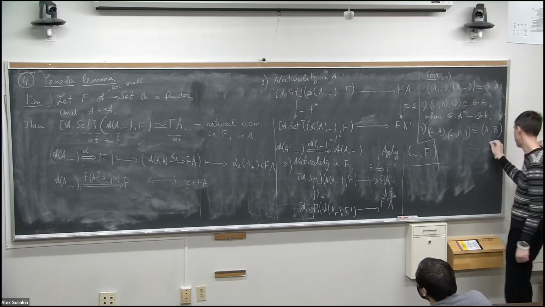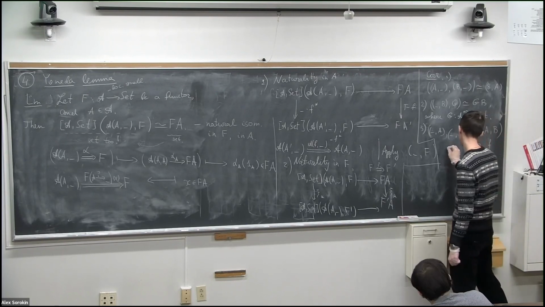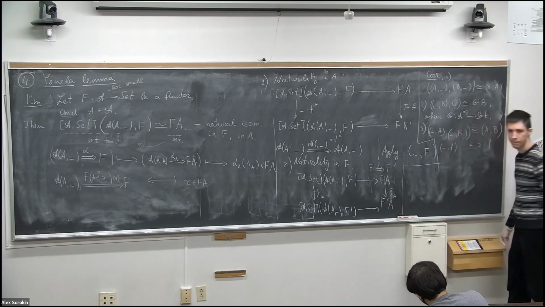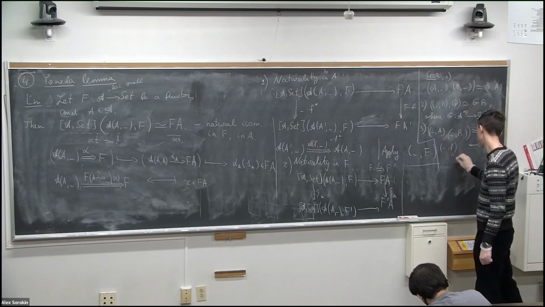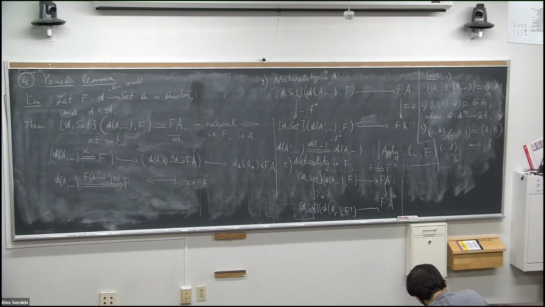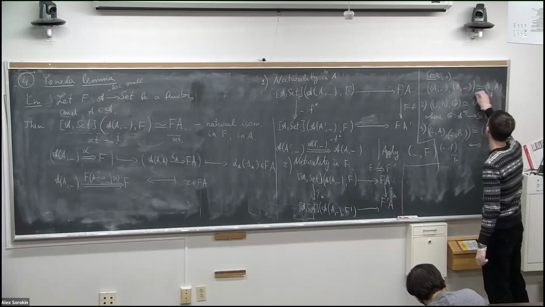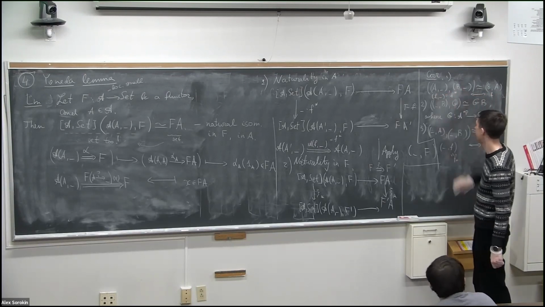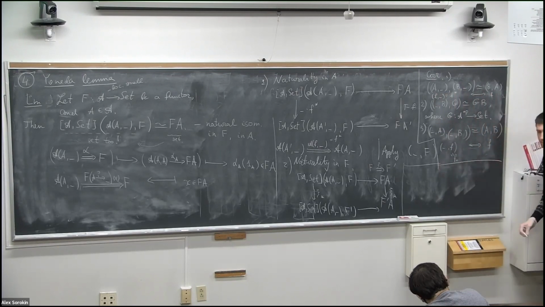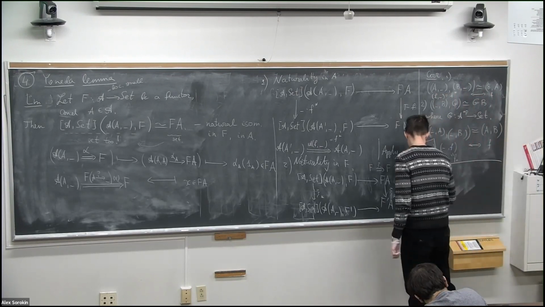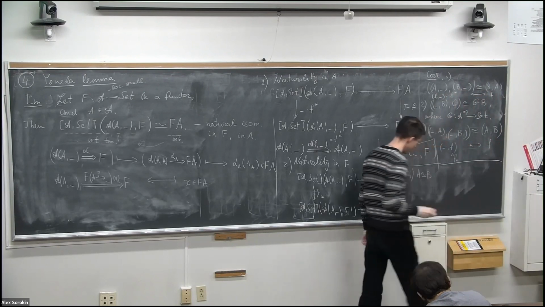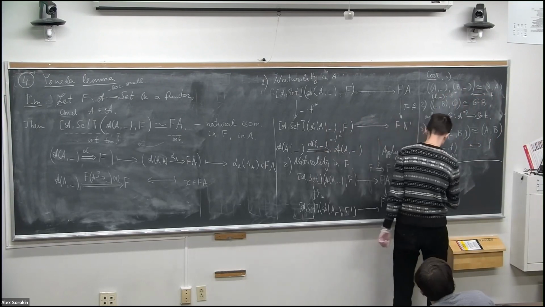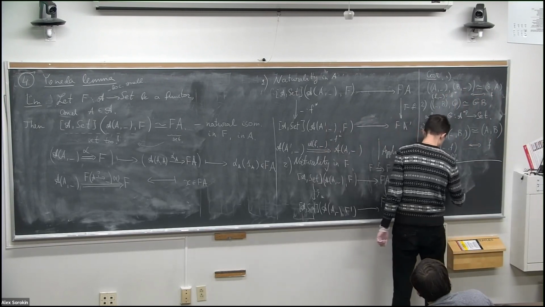So if here is function f, this function corresponds to blank comma f, or lower star. And vice versa, F corresponds to f upper star. Or A is isomorphic to B, but not twice, right? One of these.